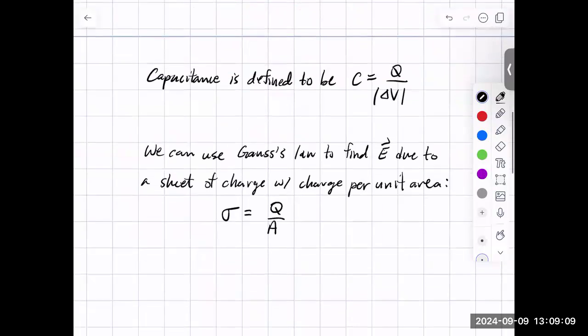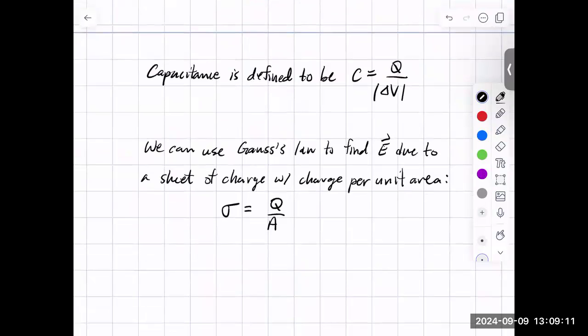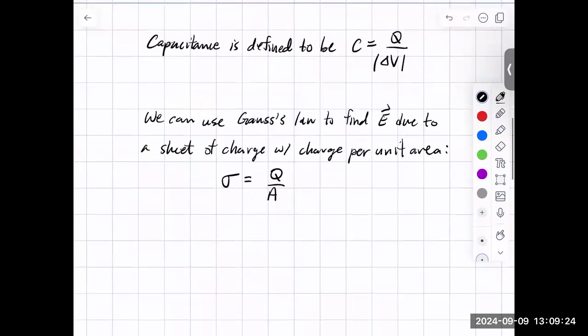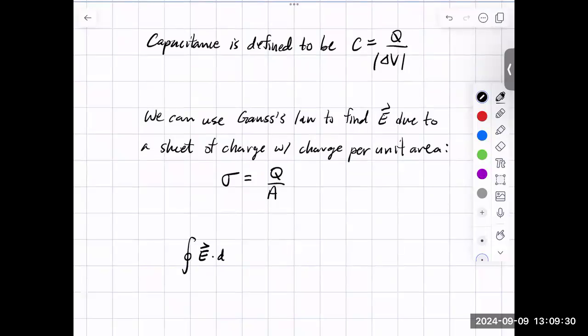I don't expect you to remember Gauss's law, not all the details anyways, and I won't ask you in this course to apply Gauss's law, but I just want to emphasize this connection with electricity and magnetism. So Gauss's law, remember, was the integral of E dot dA is equal to Q enclosed over epsilon naught.